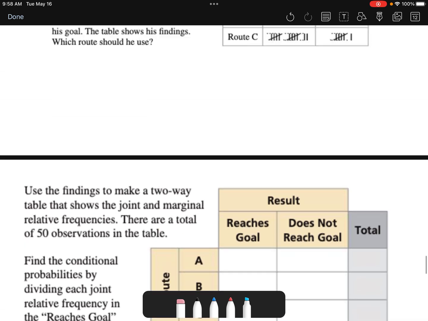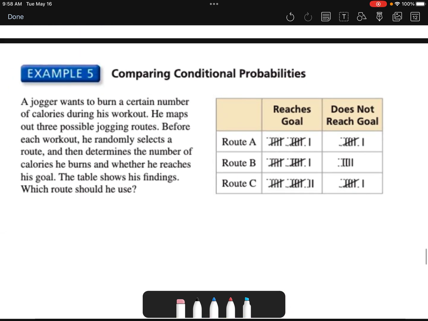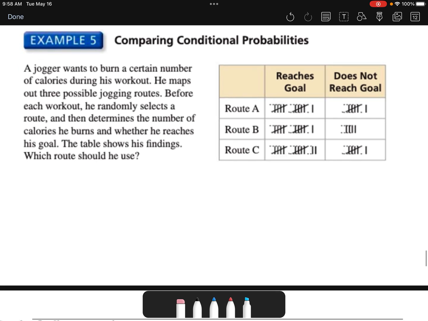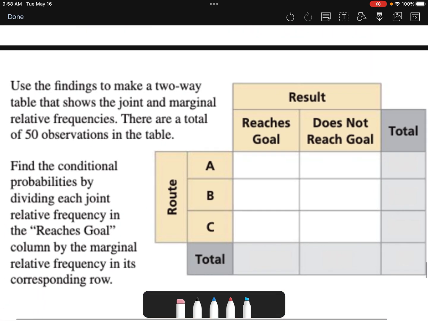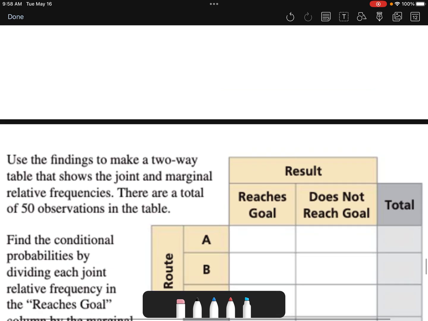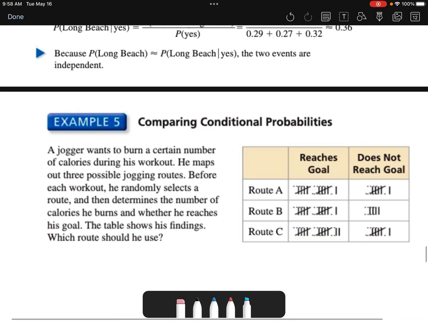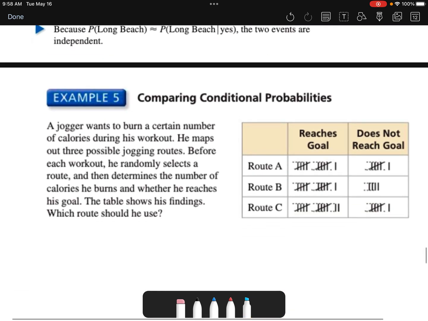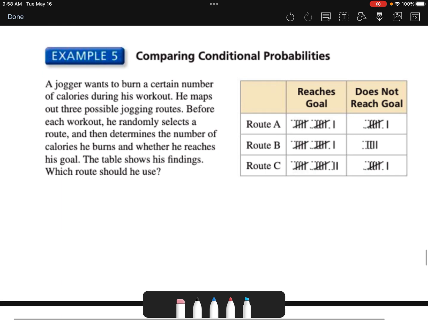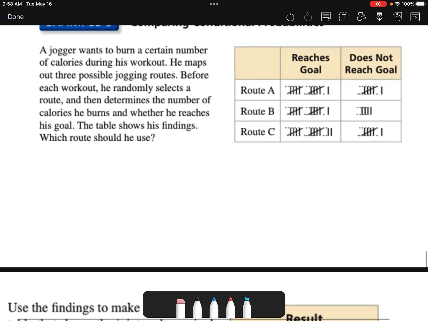Okay, now the last one is pretty cool. Comparing conditional probabilities. We actually have to look at the totals here and actually calculate the decimals that go along with this, the marginal frequency. So we get the relative frequency. So you have 50 times you're running these routes total.